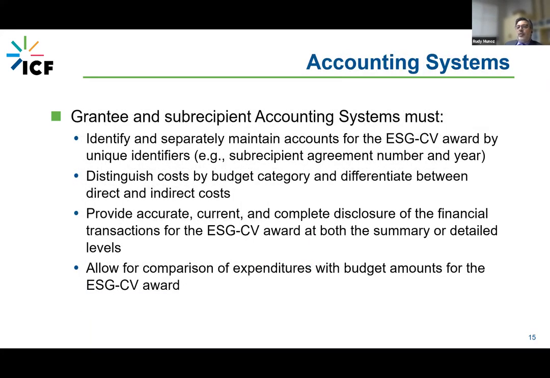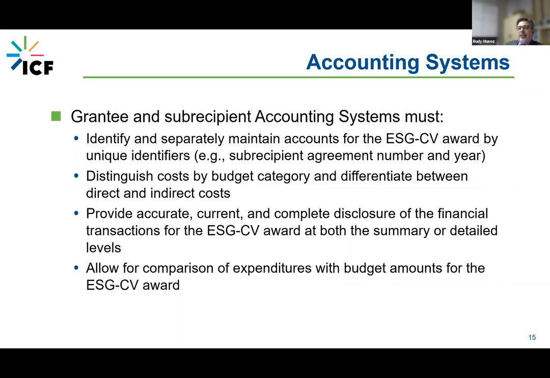Next, we'll discuss accounting systems. So HCD, its grantees and subrecipients must all set up and maintain an accounting system for the ESG and ESGCV grant. The accounting system must identify and separately maintain accounts for each federal award by unique identifiers.